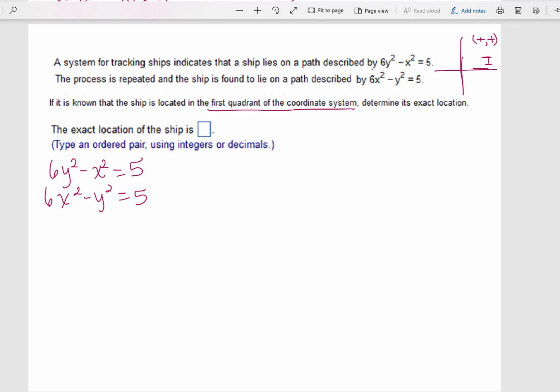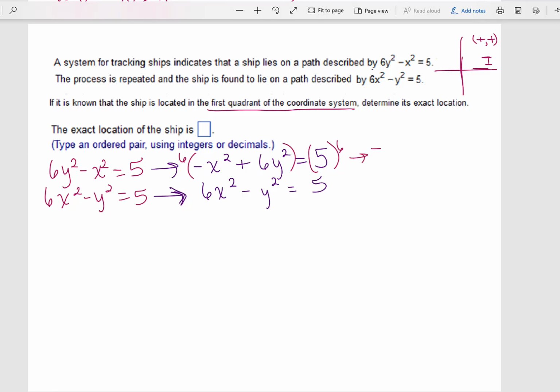First, I'm going to rewrite this one so that my x's are first and then my y's. That one I wrote exactly the same. So I'm going to multiply the top by 6 so that I can eliminate my x's. That's what I'm going for.